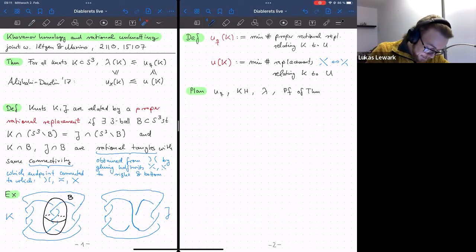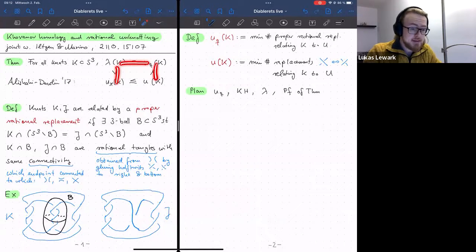We take something different from Khovanov homology, which is greater or equal than their bound, and we take something geometric, which is less or equal than the unknotting number. And so the gaps between these three inequalities can be arbitrarily large.